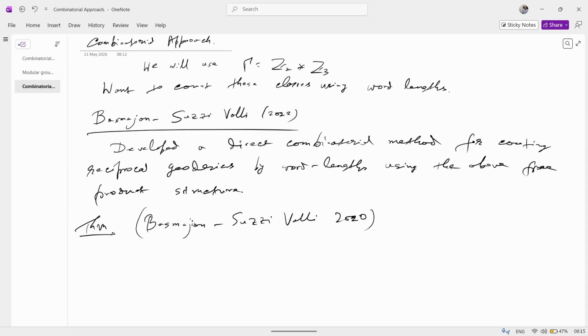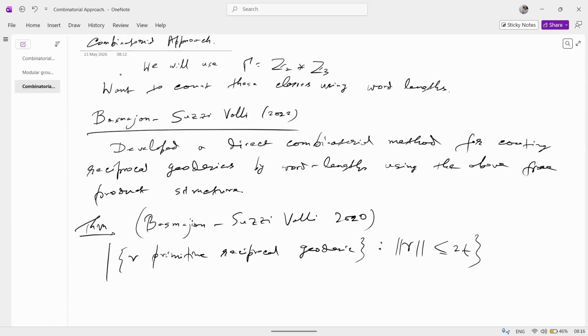So what they do, if you take gamma, the set of primitive reciprocal geodesics such that the word length is less than or equal to 2t, then it is asymptotically 2 to the power t by 2.